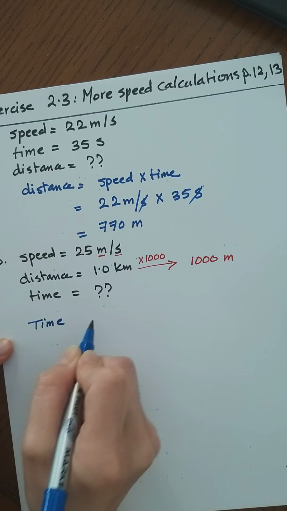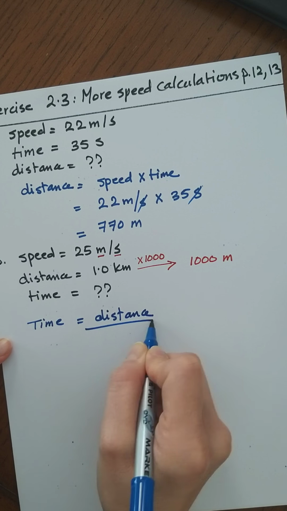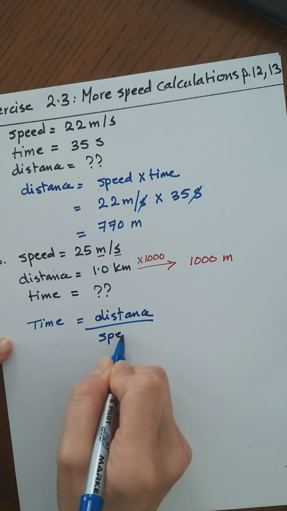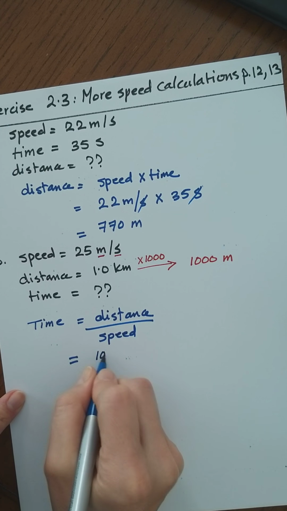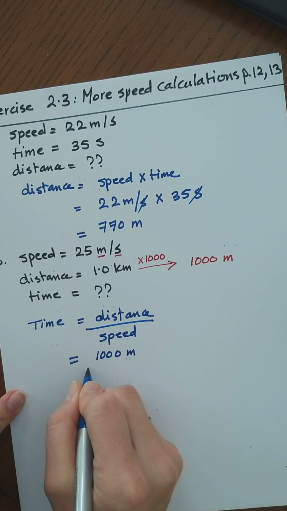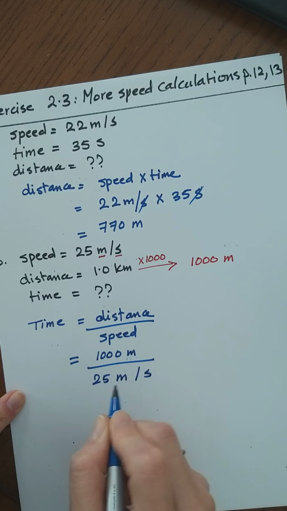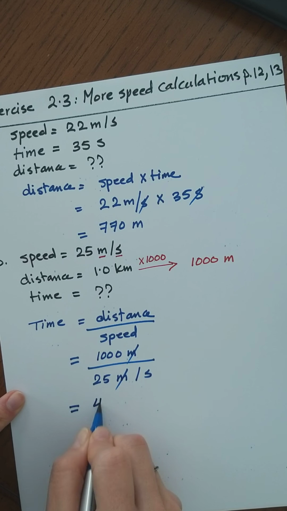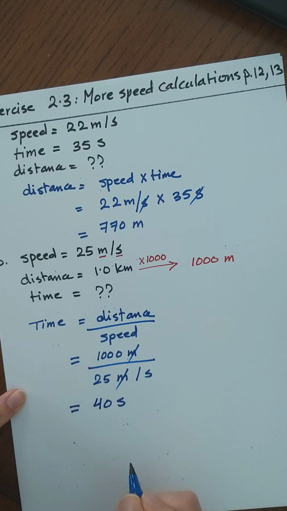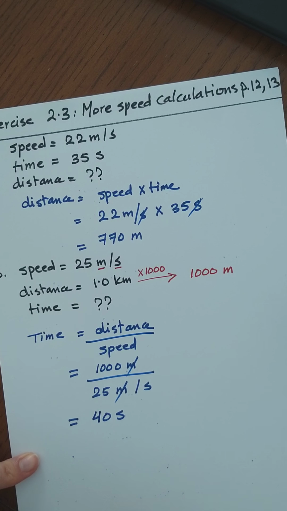Time equals distance divided by speed. The distance is 1000 meters divided by 25 meters per second. Meters with meters, and the answer is 40 seconds, the time taken for this bird to fly 1 kilometer at 25 meters per second.